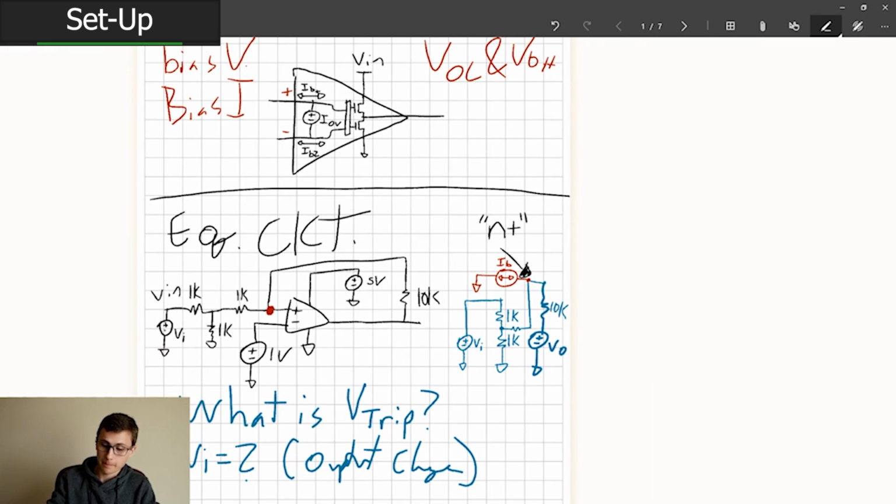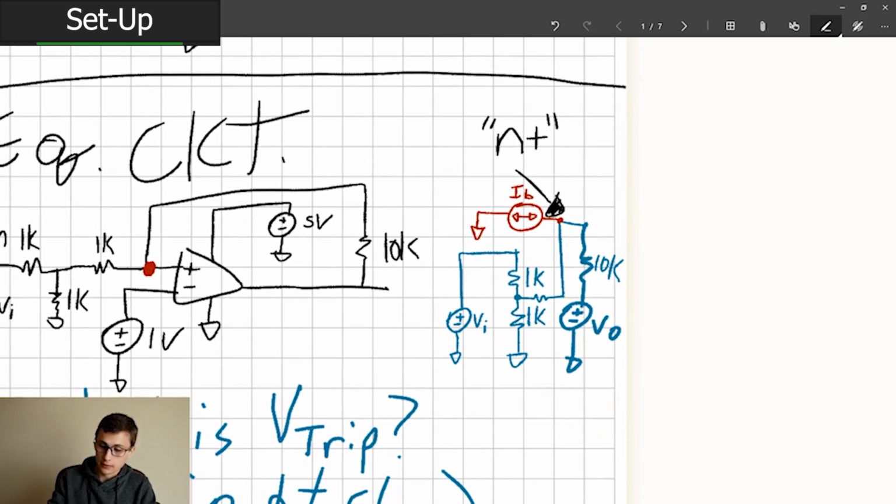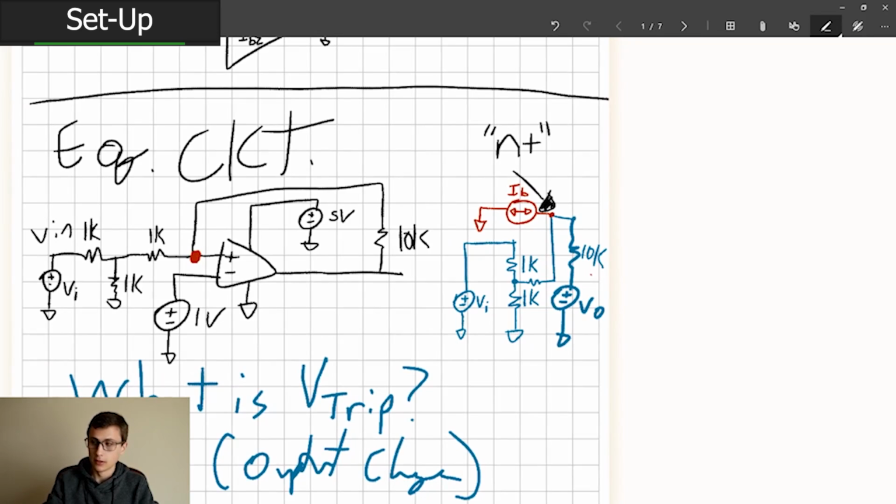Okay. And the offset voltage would basically be a 1-for-1 shift of whether it's tripping at 1 or 0.9 or 1.1 or whatever it would need to be for this particular comparator. Okay.